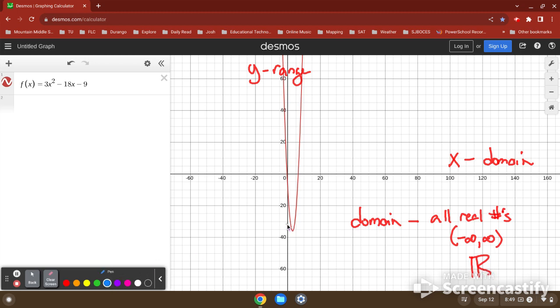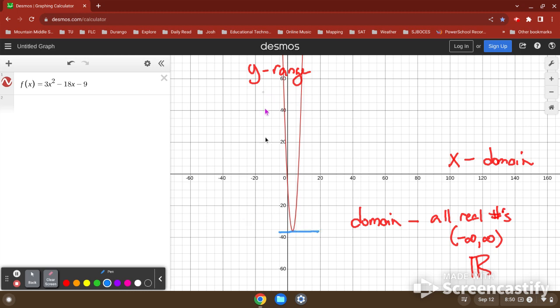Our range, on the other hand, is something where not every number gets put in. So remember, domain is the input. Domain is what we put in, and range is what we get out, right? We insert something, we get something out, and that's our range. In this particular case, when we look at our graph, this is the lowest spot.